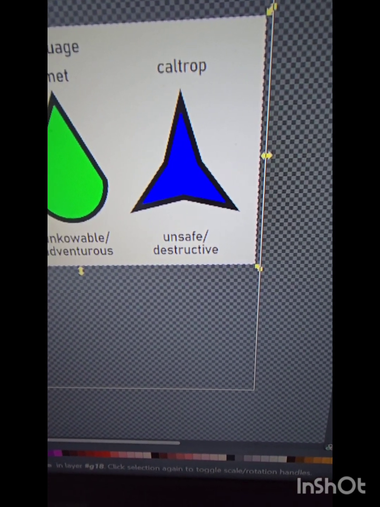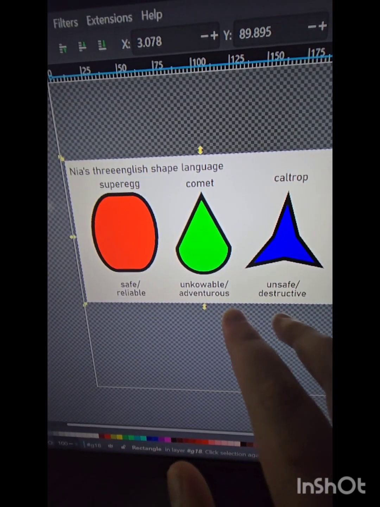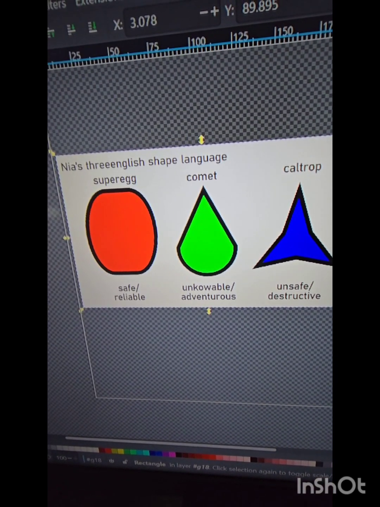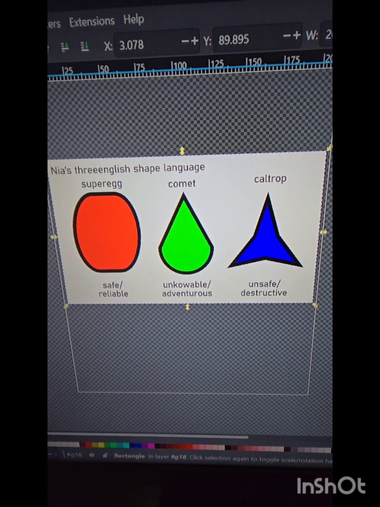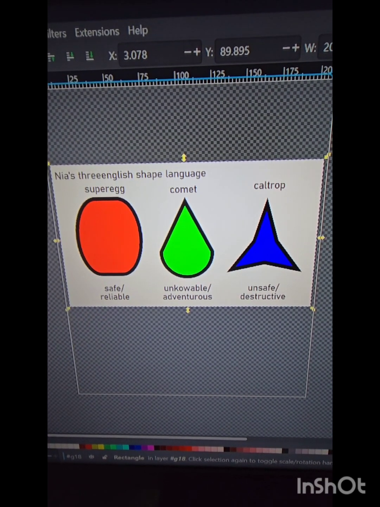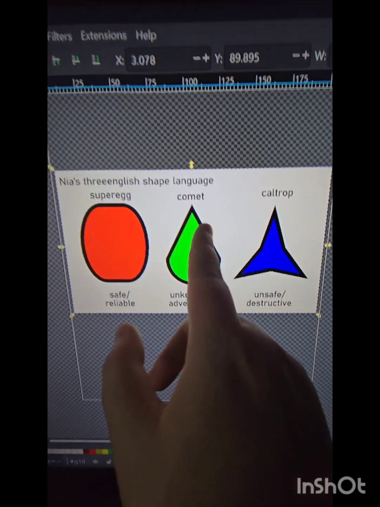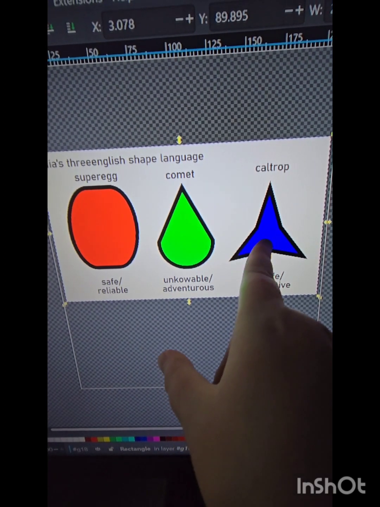So yeah, I mean, if I had to make a rock paper scissors game out of this language, I'd want it to be simultaneous, like simultaneous battle chess, but rock paper scissors already is, so never mind, that's good. You see, the super egg beats the caltrop.